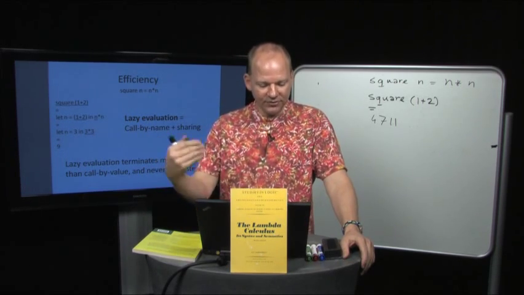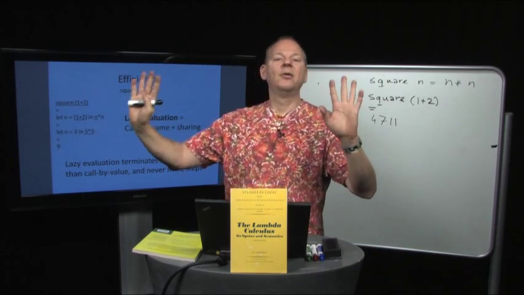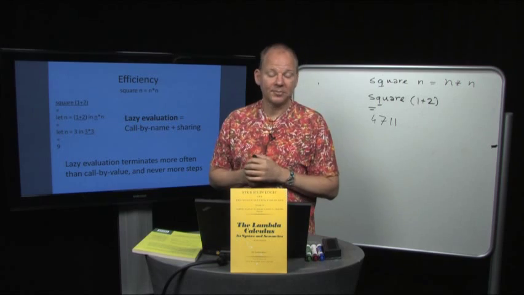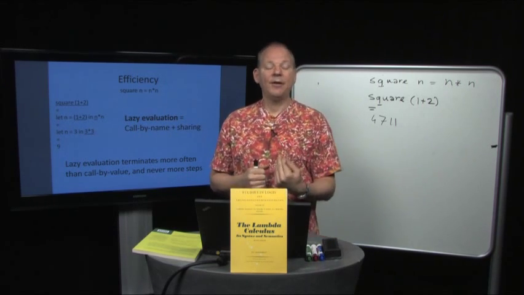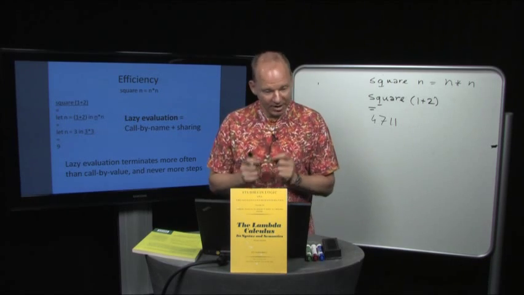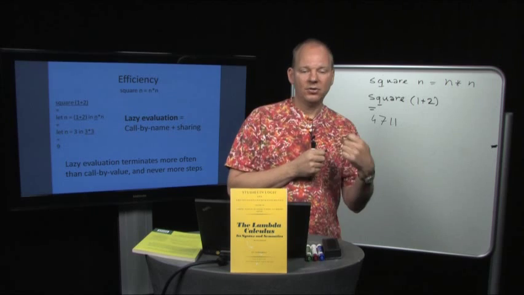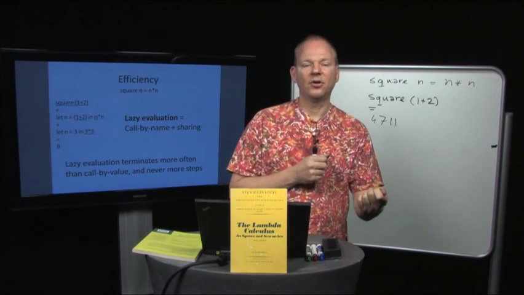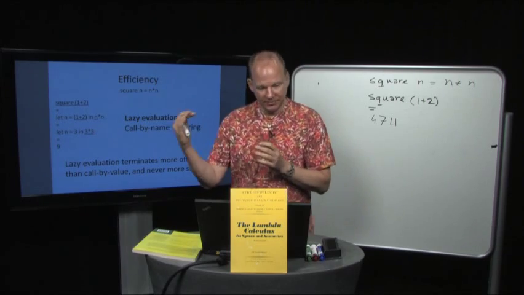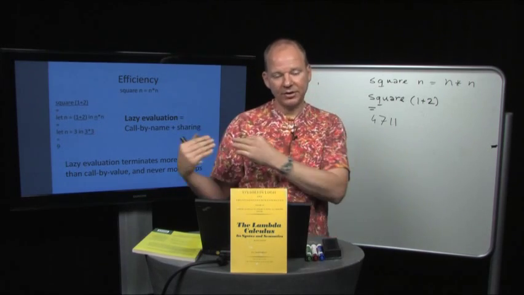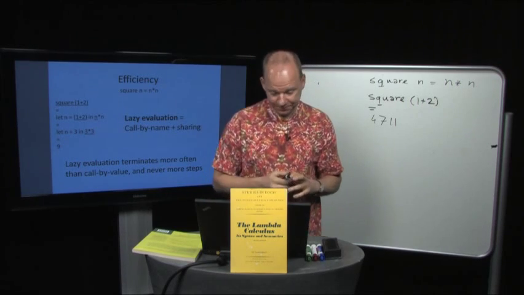So in one step, we have evaluated, in some sense, both of the arguments of the multiplication, and then we can just multiply and we end up at 9. So here you see that we get exactly the same effect as call by value, the sharing of call by value, without having to do that up front. And we do that by sharing all the occurrences of that argument in the body.